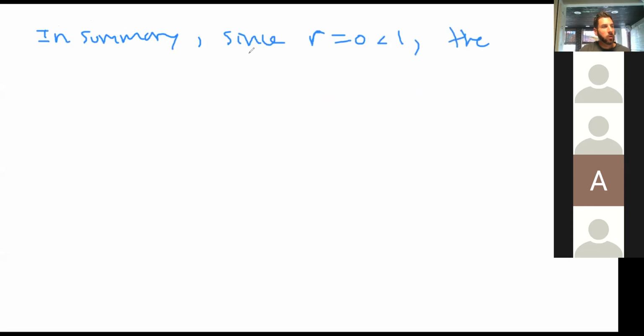So in summary, since r, which is 0, that's our limit, is less than 1, the ratio test guarantees convergence.